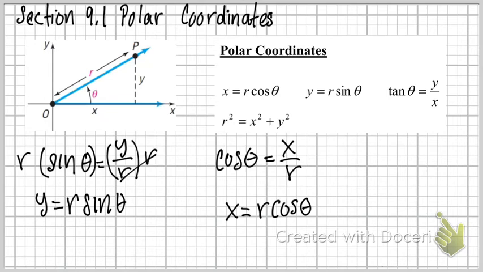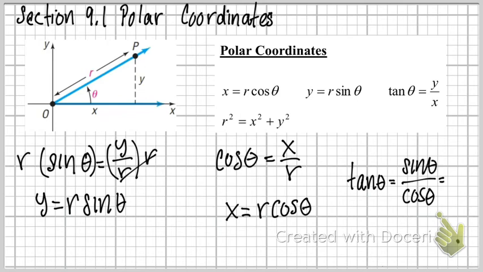Now think of the idea of tangent of theta. What is tangent of theta? Tangent of theta is sine of theta over cosine of theta, isn't it? Would you agree that tan theta equals sine theta over cosine theta? And could I multiply an r by both the top and the bottom? I could, right?